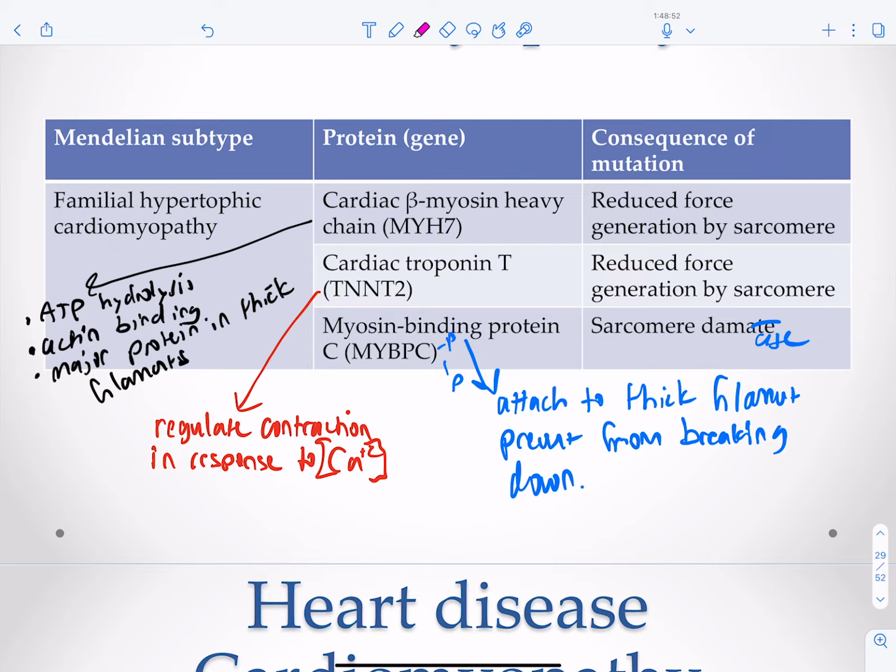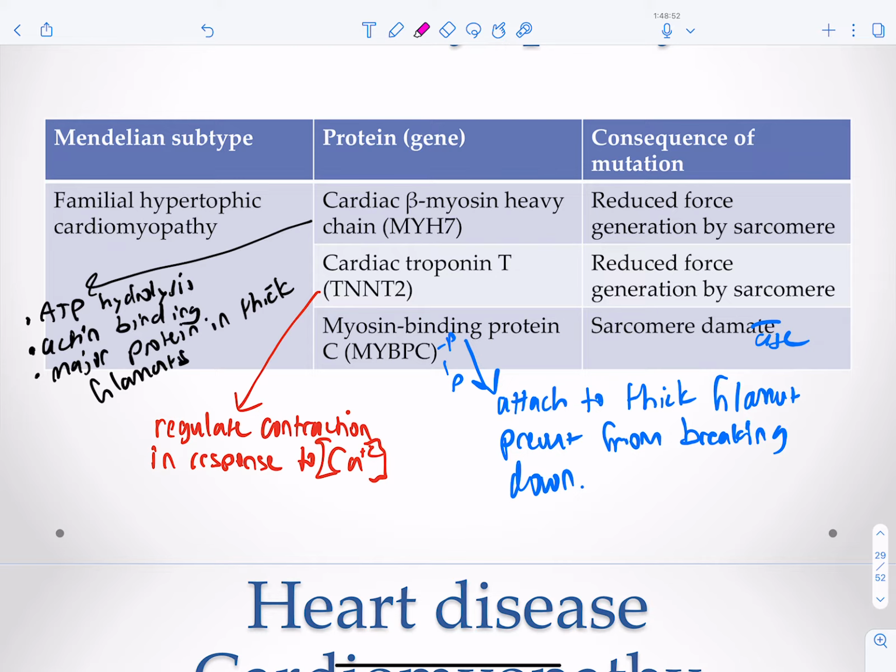There's also myosin binding protein C. This is going to be your basic unit associated with the sarcomere. It attaches the thick filament and prevents them from being broken down prematurely. So it's going to help to protect those thick filaments.